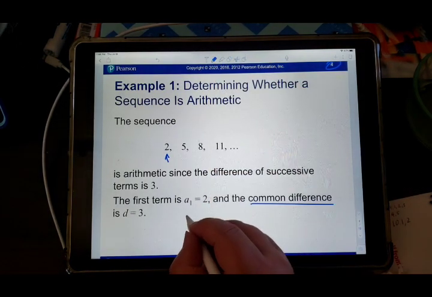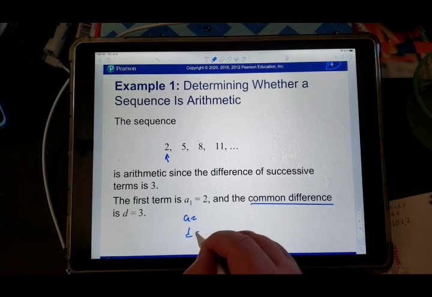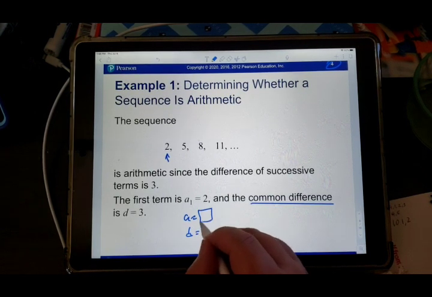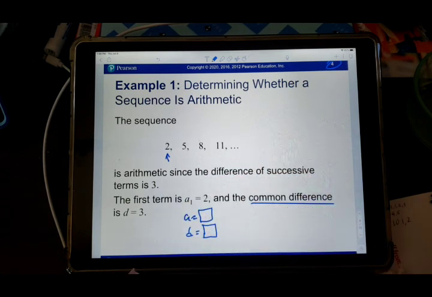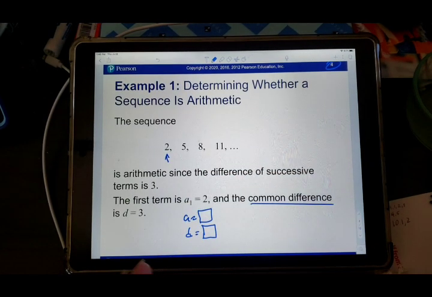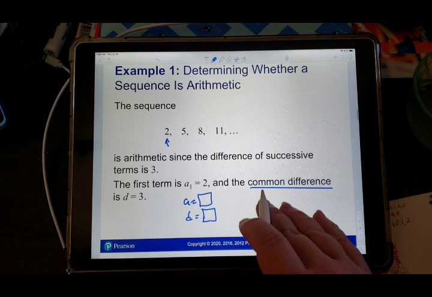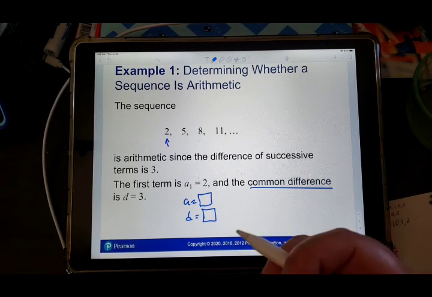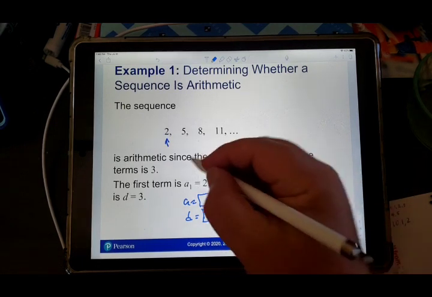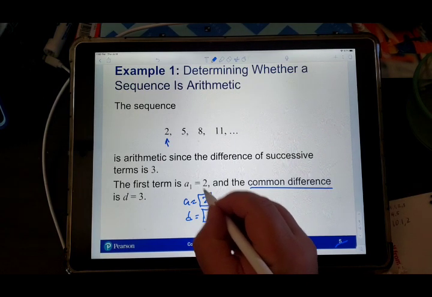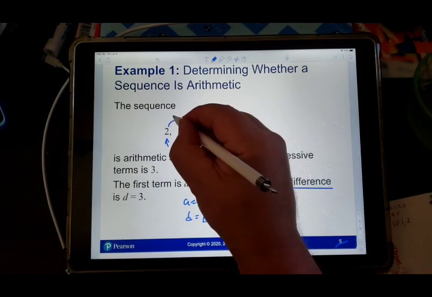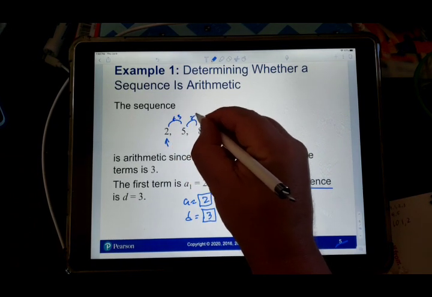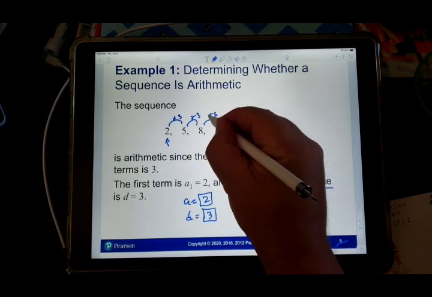But if they just ask you, what is a and what is d, that's a beautiful way to summarize an arithmetic sequence without listing any numbers. It's essentially just giving you the formula or the recipe to make it. Well, a is the first term, it's 2, and then d is 3 because I add 3 to make all of the next terms.